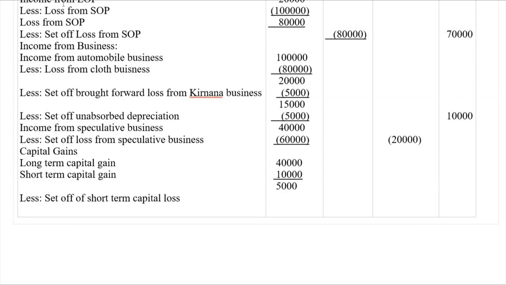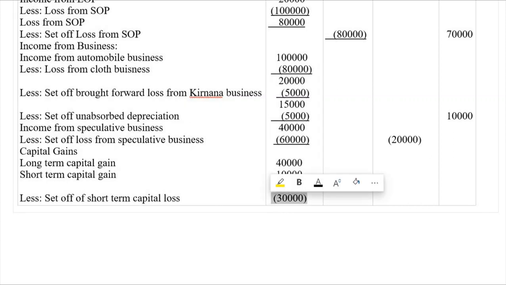So now we have the short-term capital loss as rupees 30,000. Let us put it in a bracket so that it indicates minus. So let's underline here.